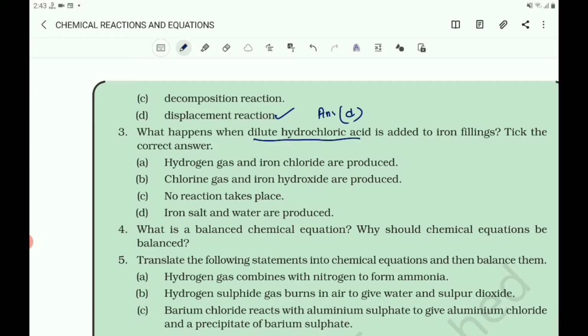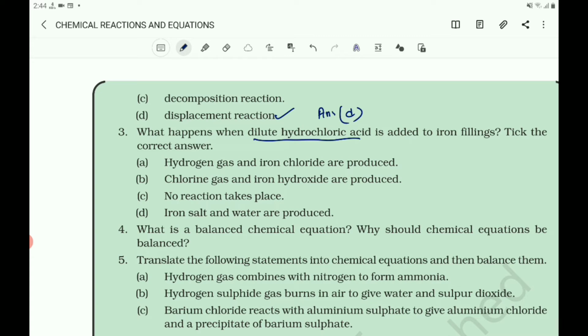Here, what is the answer? You know that when dilute hydrochloric acid reacts with iron, hydrogen gas is liberated and iron chloride is produced.